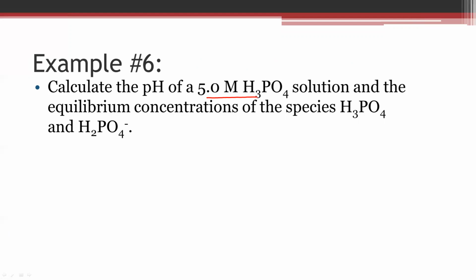Now from table 14.4 in your notes, I'm getting these values. For phosphoric acid, Ka1 is 7.5 times 10 to the negative 3, and Ka2 is 6.2 times 10 to the negative 8. There is a third one, but we're not going to use it, so we don't have to worry about that.